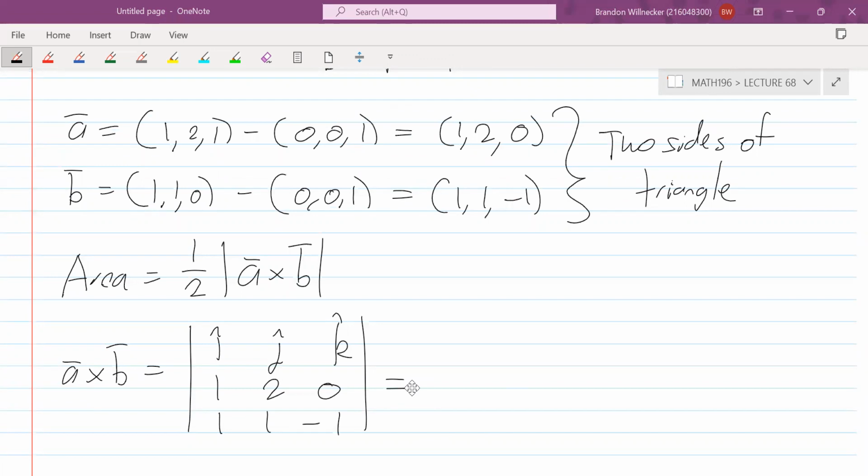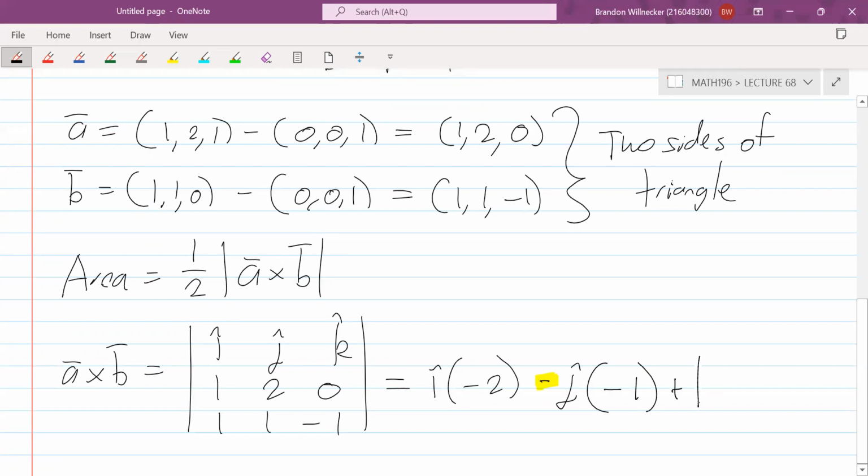So we start off with the i, and we're left with minus 2 minus 0, so that's just minus 2. Minus j, again, remember it is minus j. And then that's going to be minus 1 minus 0, so just minus 1. And plus k, it's going to be 1 minus 2, so that's just minus 1.